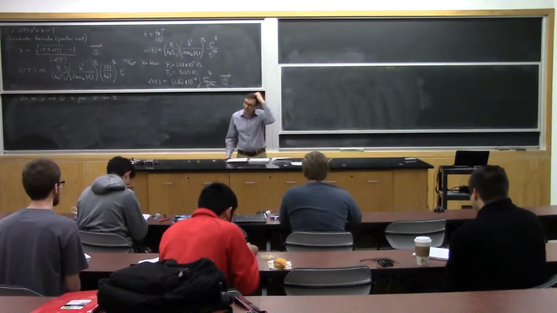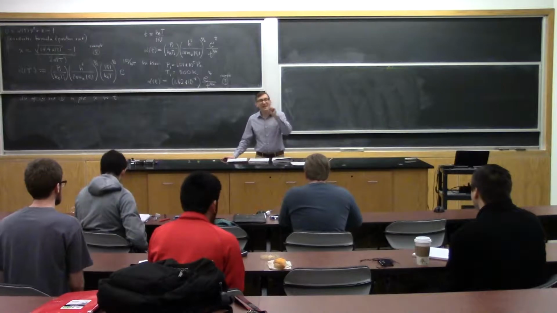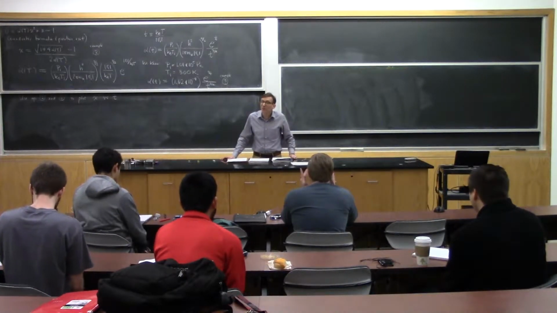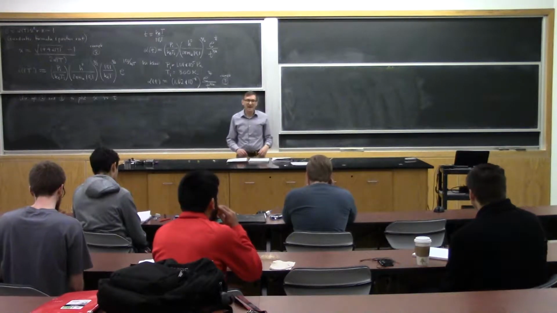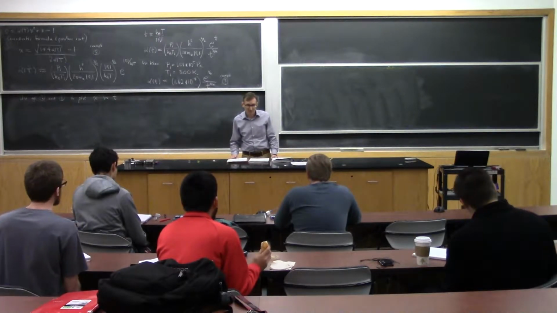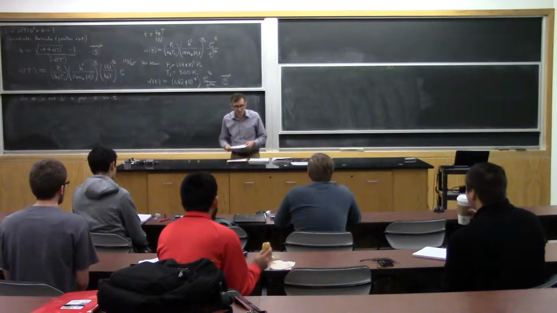Since over time the number of particles could be changing, I can ask what's N average, the thermal average number of particles, and eventually how big the particle number fluctuations are. It's the same kind of thinking we did with energy, but now with particles.